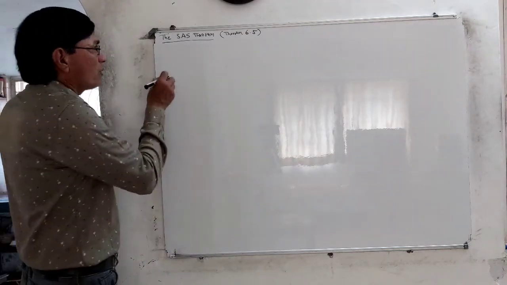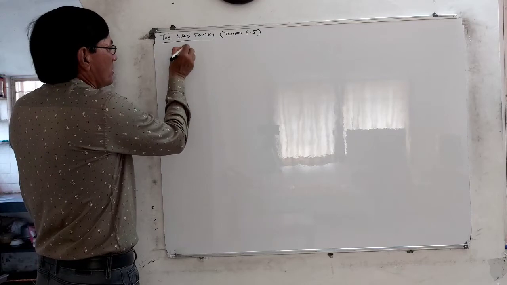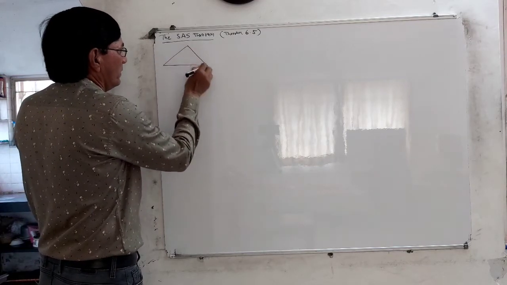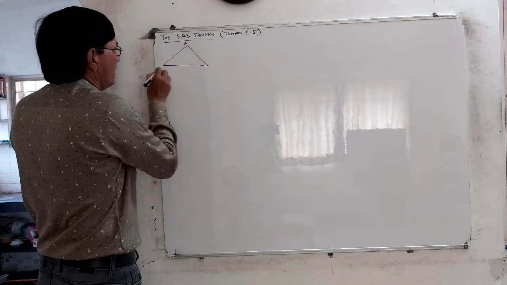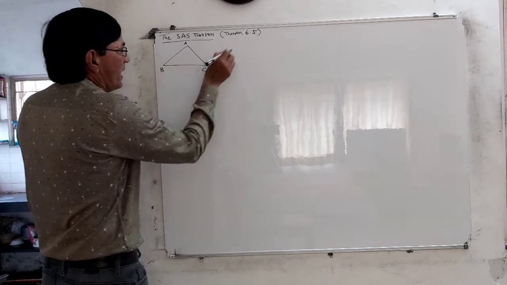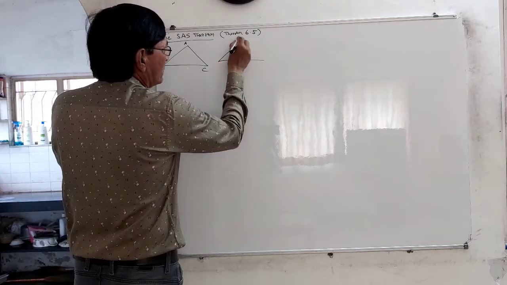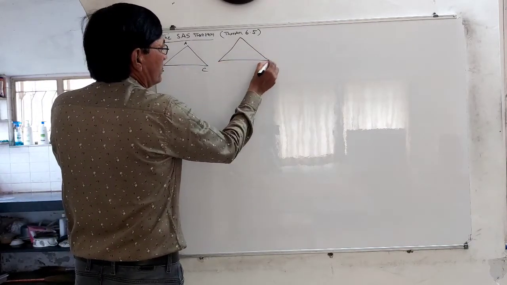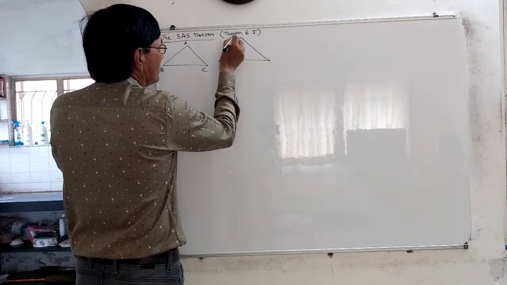Alright. Now let's see what this SAS theorem is. Supposing we have a triangle ABC and another triangle, say triangle DEF.